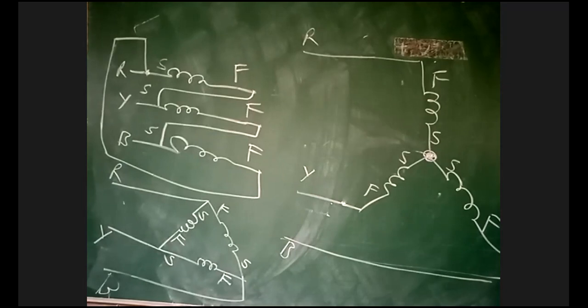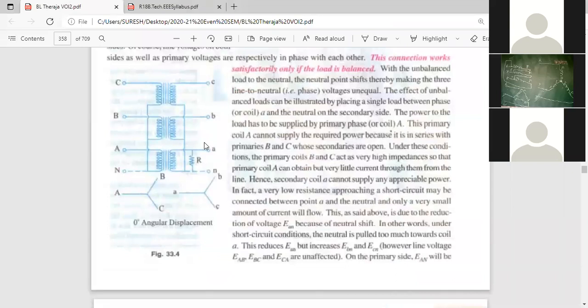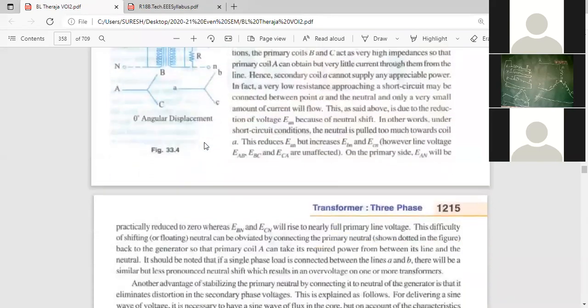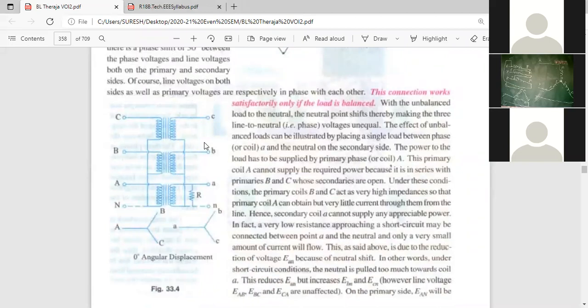Now see the first one. I'm showing the first one now. Now I'll draw the first one, the star-star connection.